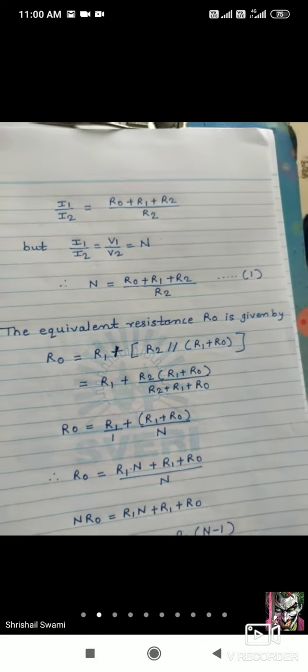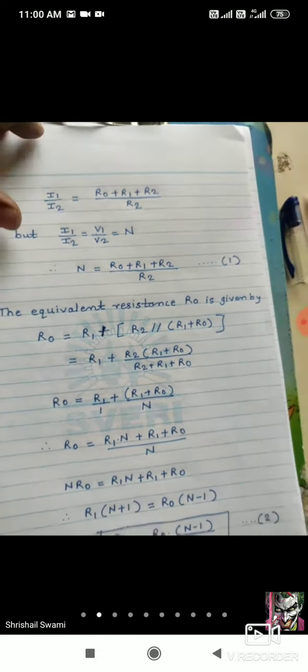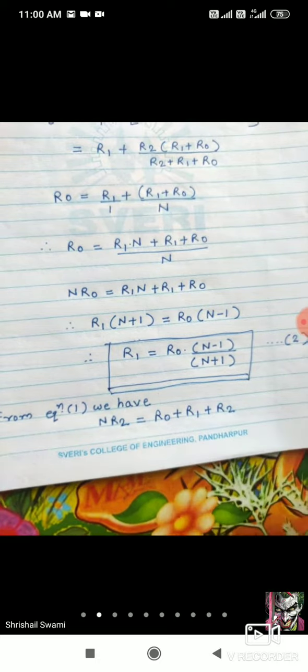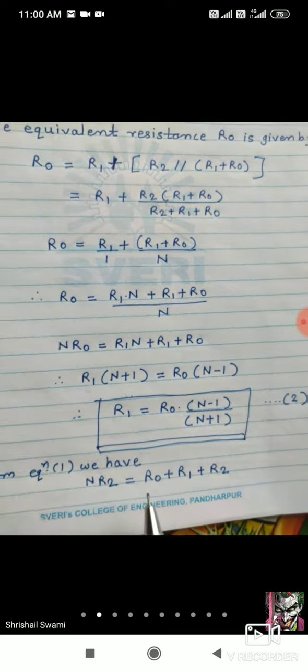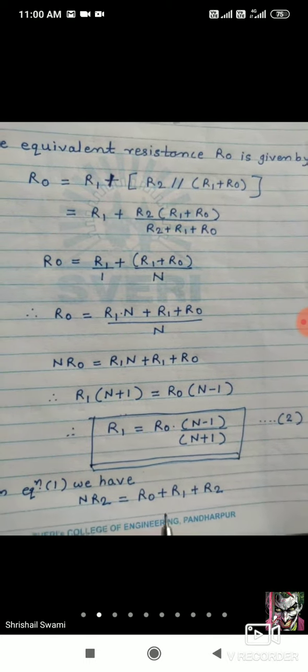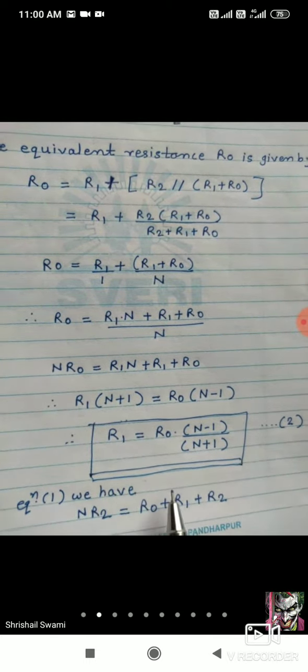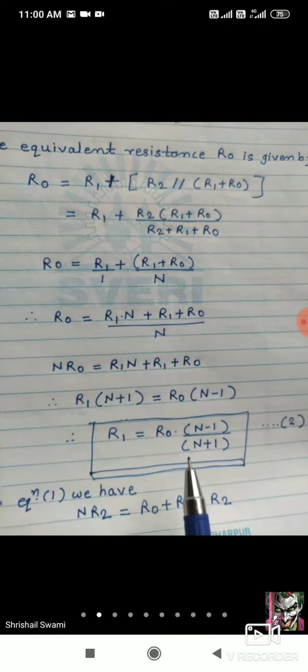So from equation number 1 we have N into R2 is equal to R0 plus R1 plus R2. Now replace R1 with the help of this equation.